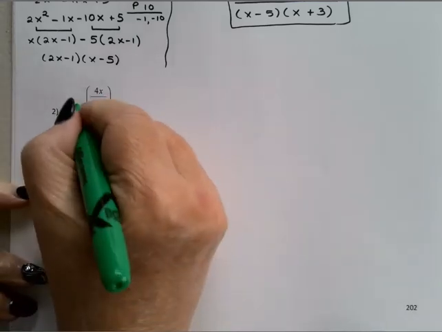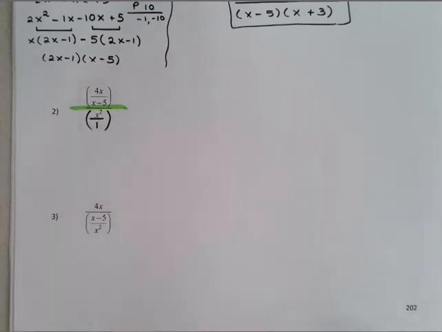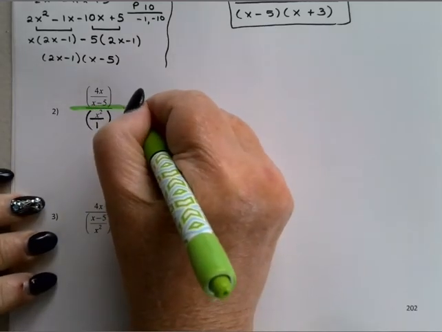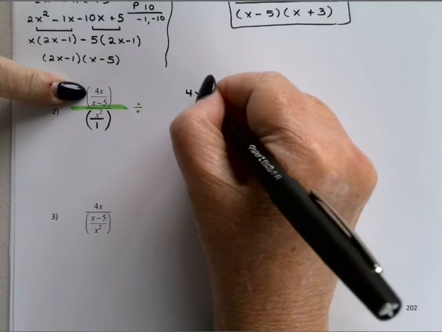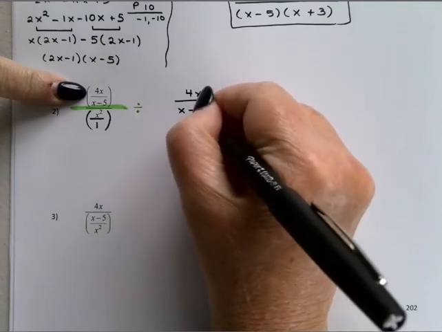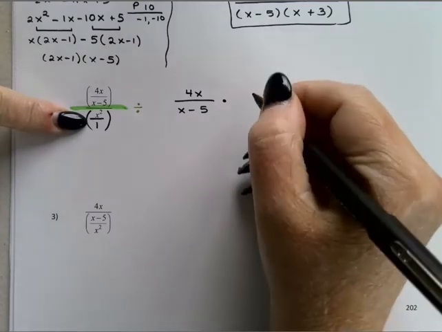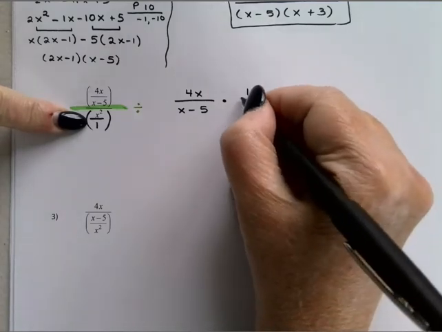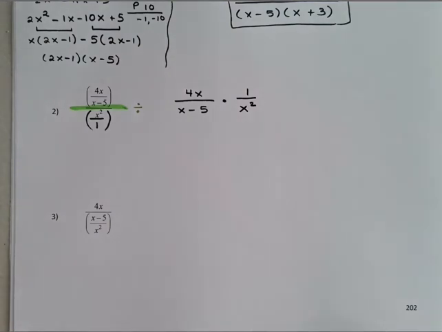Now when I think of this as the division of two fractions, I can go back to that idea that we multiply by the reciprocal. So I have my numerator, the top fraction, multiplied by the reciprocal of the denominator, which would be 1 over x squared. I really like this problem because there's no factoring that can be done. Saves us some time.